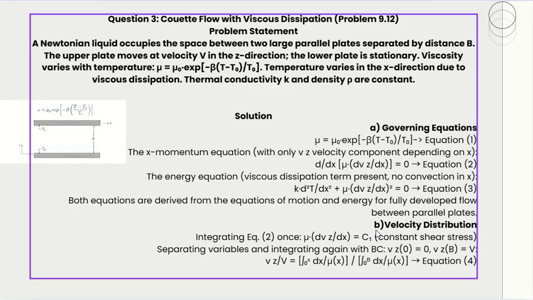B part deals with the velocity distribution. For that, we'll integrate the equation obtained in part A. Integrating it, we get mu into dvz upon dx equal to C, which is the constant shear stress.